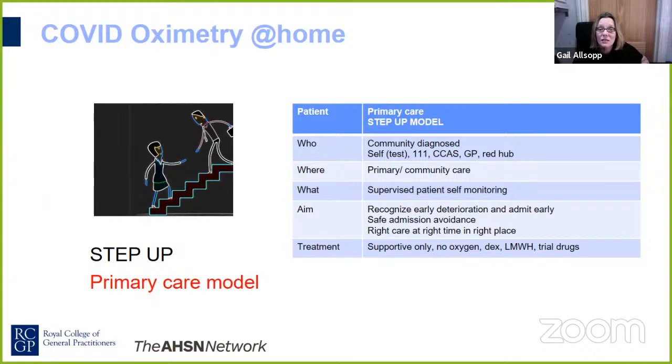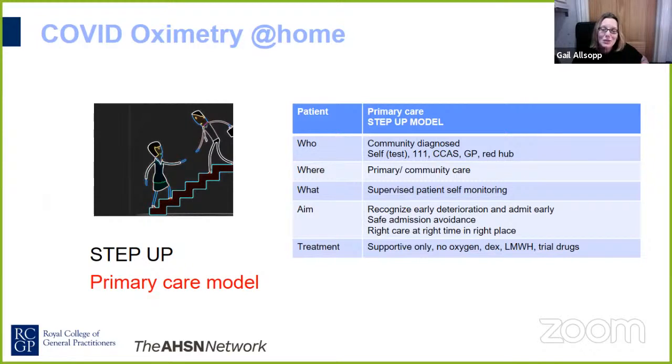They may have self-diagnosed via the criteria and gone off for a test. They may have contacted 111 or CCAS, as Maureen was describing. They may have presented first to their GP or to one of the hot hubs. But essentially, every single patient as part of this programme will be primary or community care based. And the service that is being offered is a supervised patient self-monitoring service.